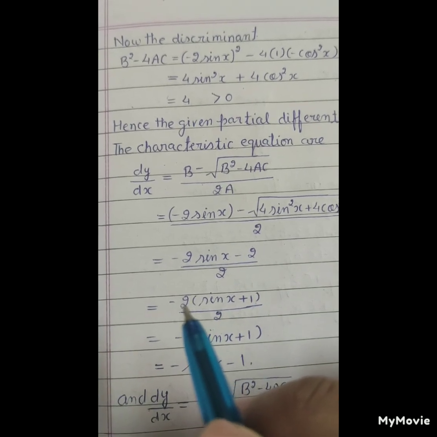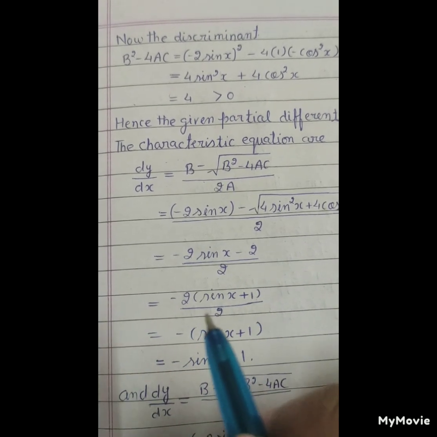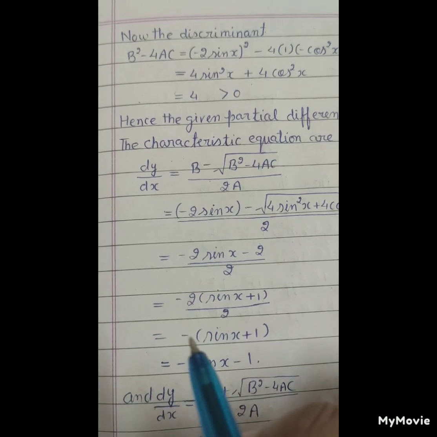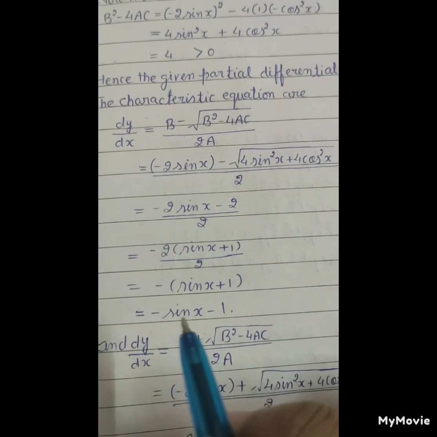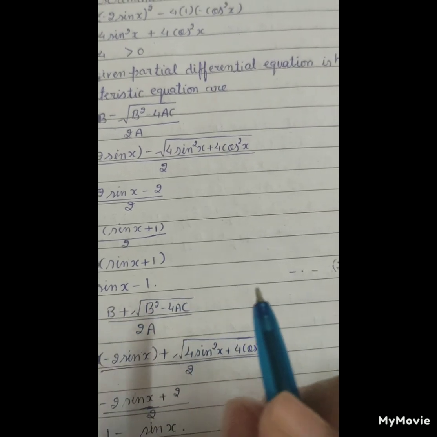Taking 2 common, the 2s cancel out, and it equals -sin x - 1. Equation 2.